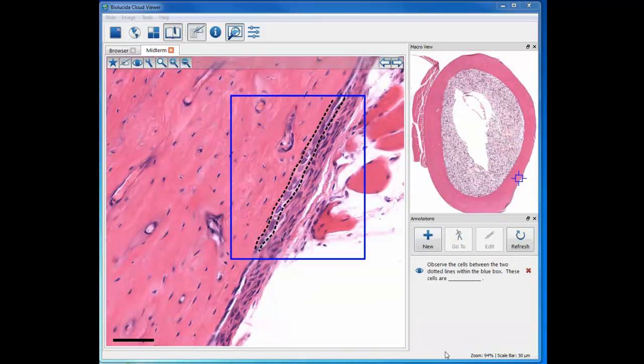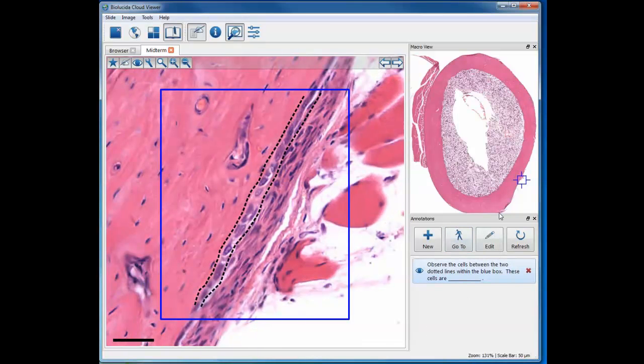This question presented a specimen of bone, and you can see over here on the right where this was taken. This is a cross-section of a long bone, probably the femur, and you're looking at the very edge of it. So you got to think periosteum, and you got to think osteogenic cells, osteoblasts, things like that.